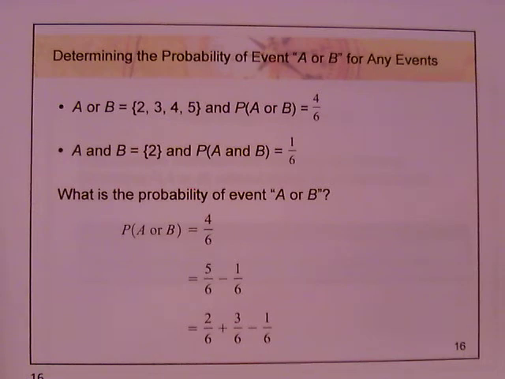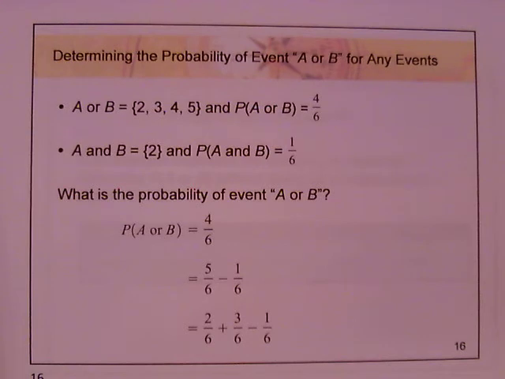So the probability of event A or B would be 4 out of 6. Now, A and B, if you find the element that's common in both A and B, it will have to be the number 2. So that means the probability of A and B will be 1 out of 6.